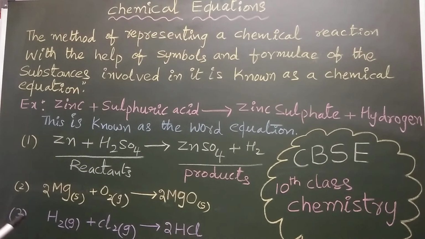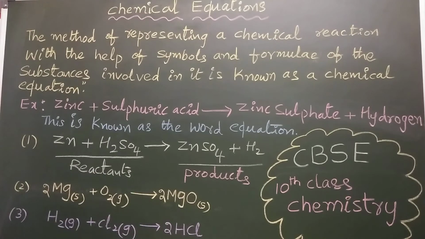equations are. Now in another example, hydrogen gas and chlorine gas combine with each other to give HCl. Here H2 and Cl2 both act as reactants, and these are the products.